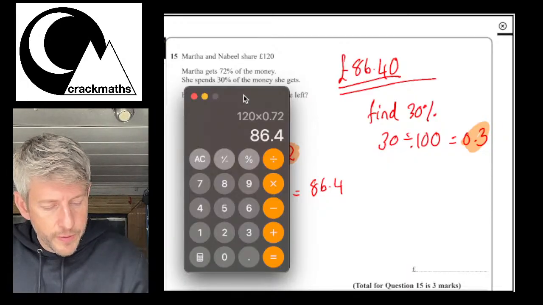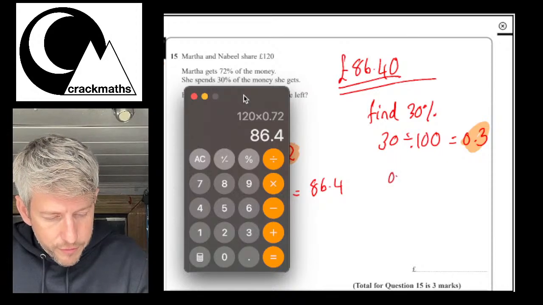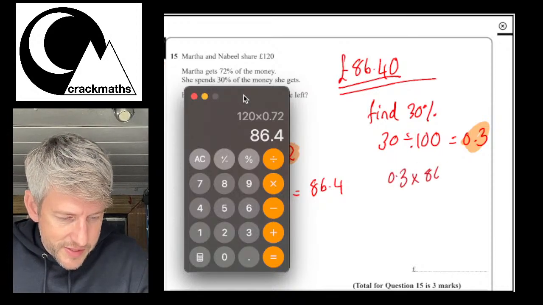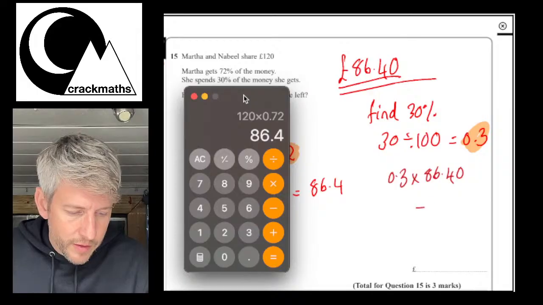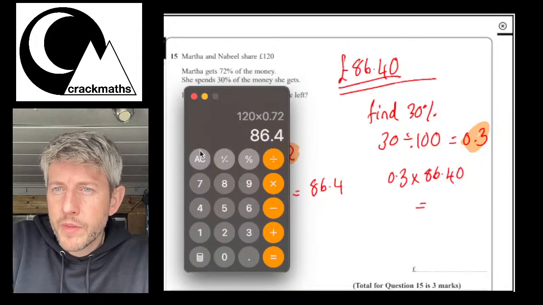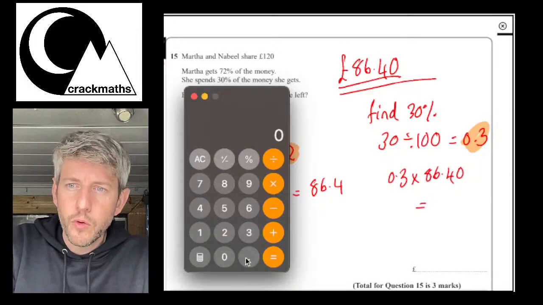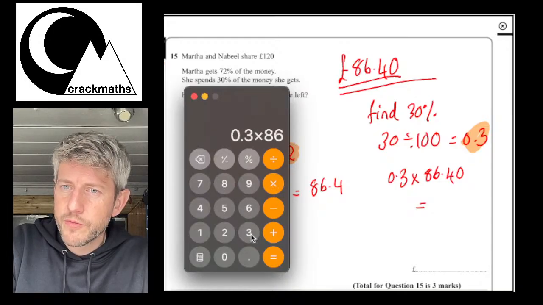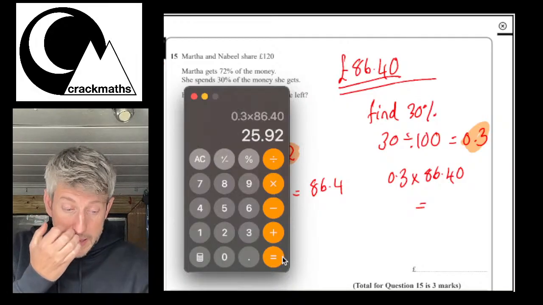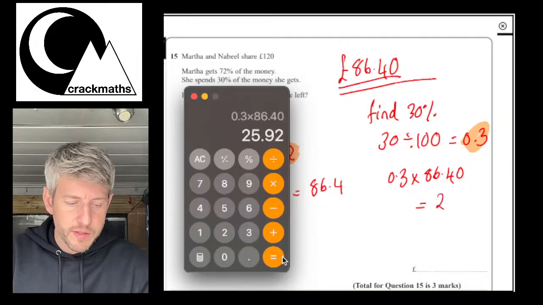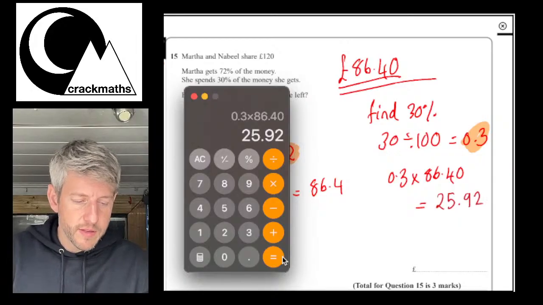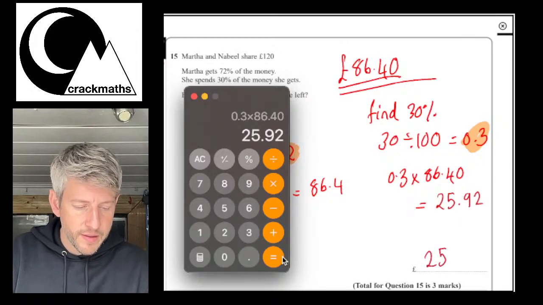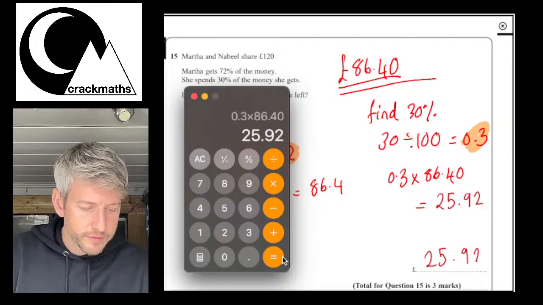So what I'm going to do is I'm going to do 0.3 times £86.40. Okay, and see what that gives me. So let's have a go. So 0.3 times £86.40. And that equals £25.92. So there we go. I'll put that in the answer place there.